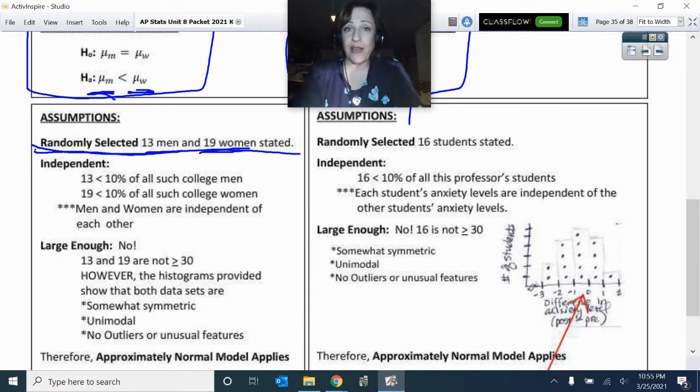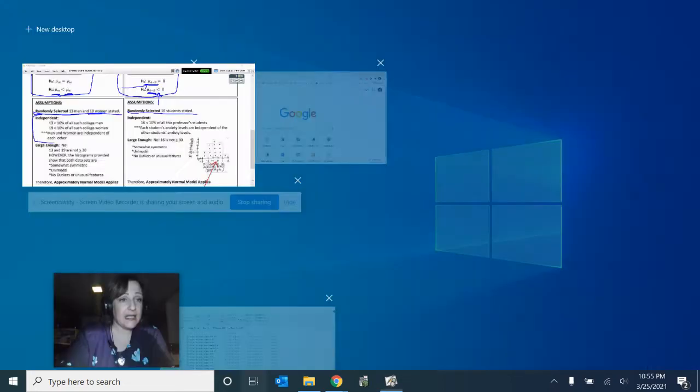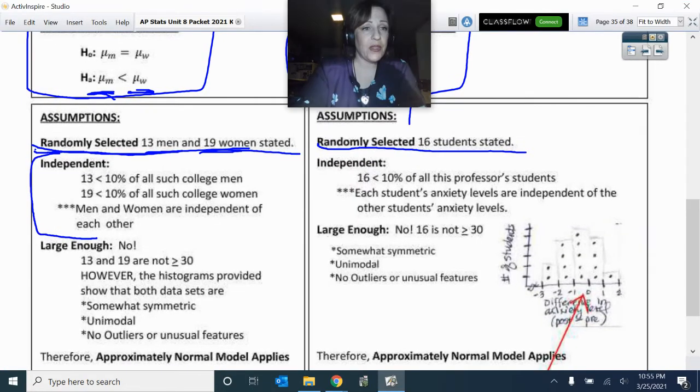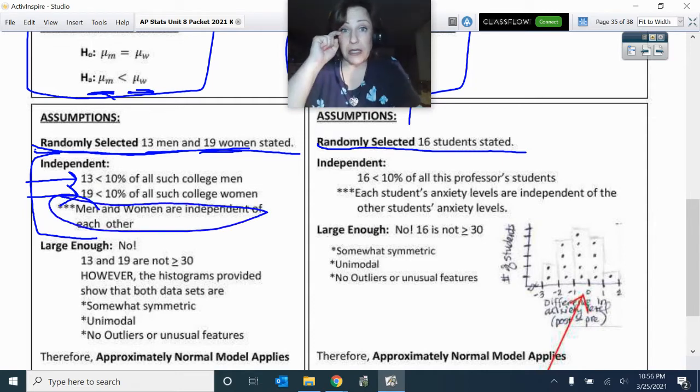So it defined two different sets of subjects, but here we are just defining one set of 16 subjects randomly selected. Look at how independence is handled. We said that 13 was less than 10% of all such college men, and 19 is less than 10% of all such college women. And those men and women's GPAs are also independent of each other.